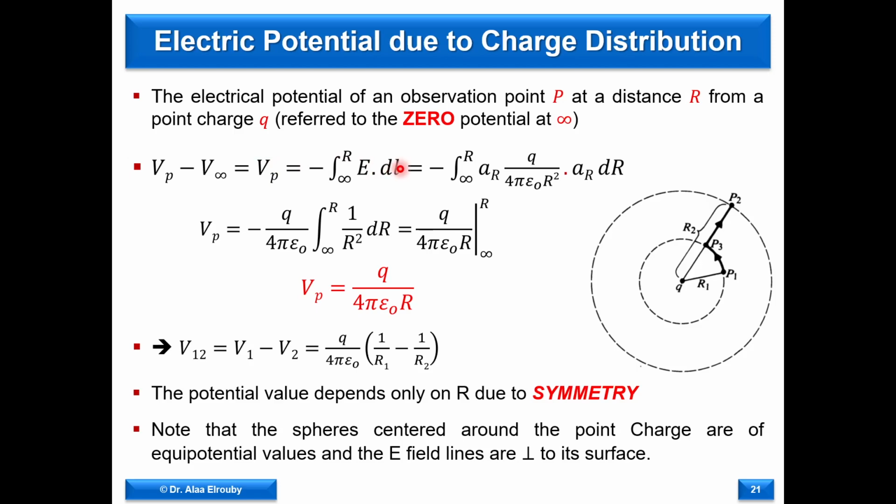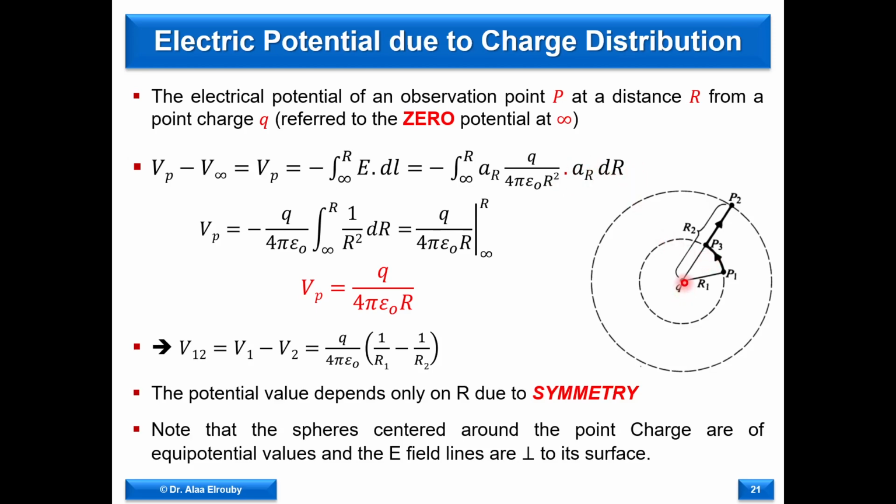The electric field for this point charge, as we found from the previous lecture, has this expression. It is along a_R from the origin to the observation point: Q, the point charge, over 4 pi epsilon naught R squared, where R is the distance between the observation point and the origin, dot dl.